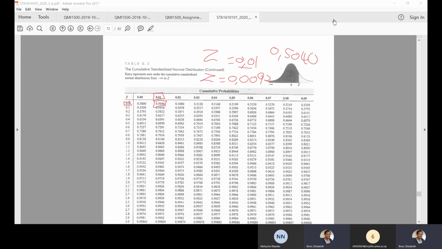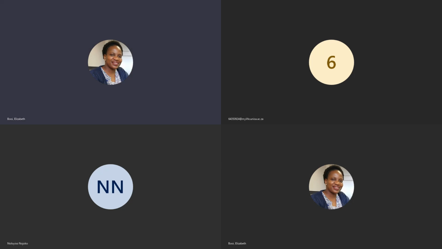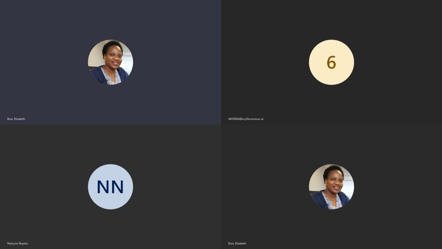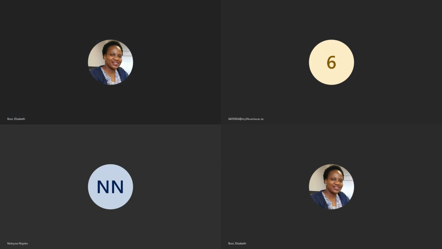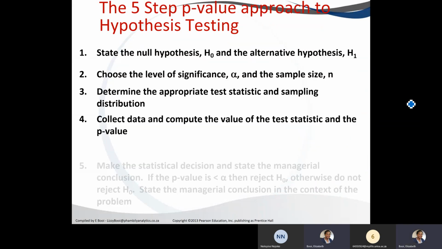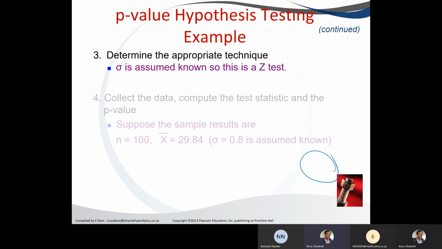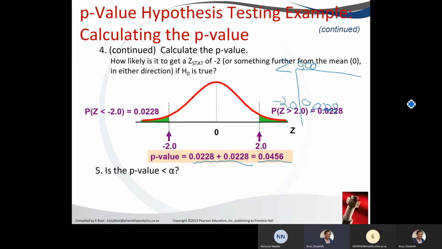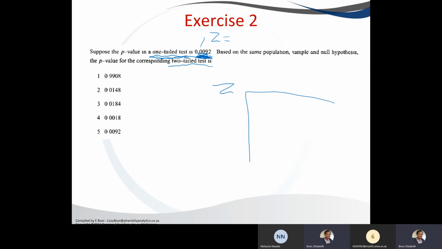Now, if we go back to our question, we know that with this, our Z would have been 0.01.